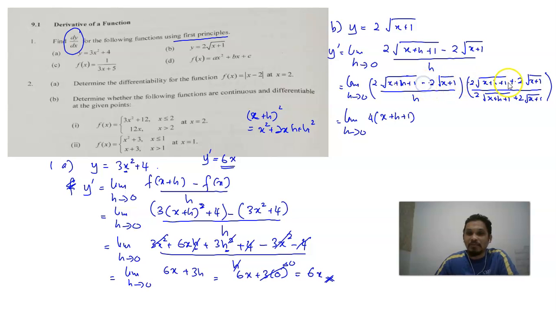Then negative times positive, negative, 2 times 2 equal to 4, square root of x plus 1 multiplied by square root of x plus 1, then x plus 1.